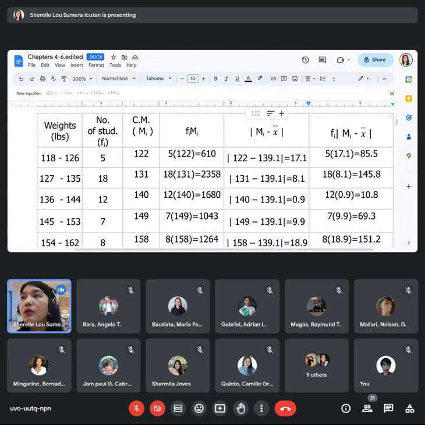Kasi iniisip ko, kung kaya niyong gawin lahat ito sa exam na medyo kulang sa oras, baka ang exam niyo ay multiple choice na lang, yung problem set ang maggaganito kayo. Pero sa problem set, you round off your mean first into a whole number before you subtract it. Okay?